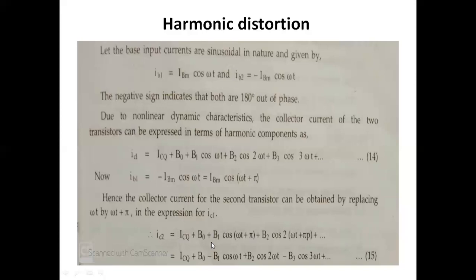This can be simplified as ICQ + B0 + B1 into cos(180 + theta), that is -cos theta, + B2 cos 2(omega t + 2 pi), that is 360 + omega t, that is cos 2 omega t, and so on. So this is the expression for collector current of the second transistor.